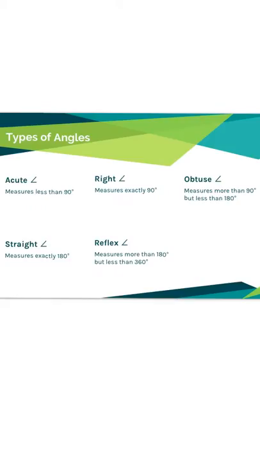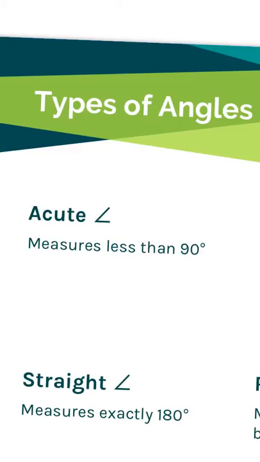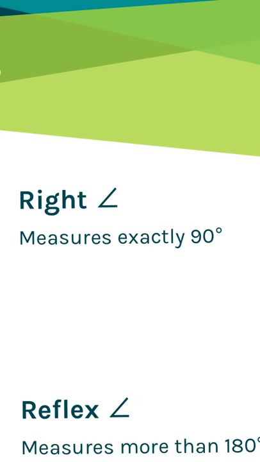An acute angle measures less than 90 degrees. So for example, you can have an angle that is 60 degrees. A right angle measures exactly 90 degrees.